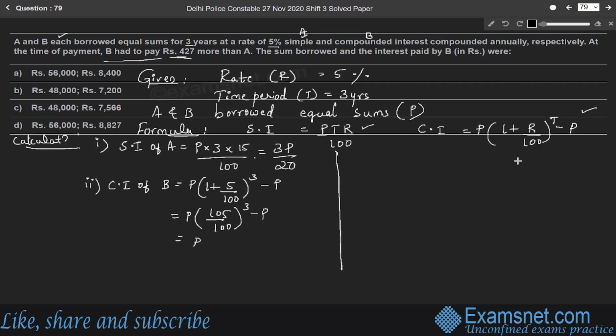So let us take P common, right? 105 by 100 can be reduced to 21 by 20 when it is divided by 5, right? So P into 21 by 20 to the power of 3, which is 21 into 21 into 21 by 20 into 20 into 20, minus 1. Here we have taken P as common, right?